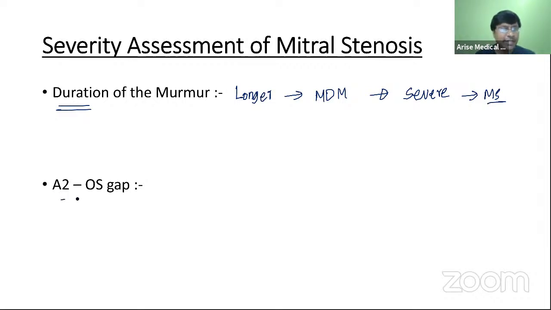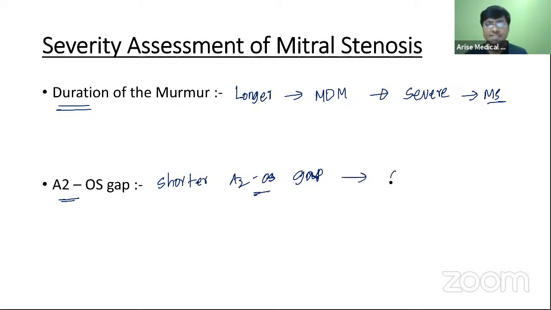Now, the A2 to OS gap: the shorter the A2 to OS gap, the more severe is your mitral stenosis. That is how we assess the severity of mitral stenosis.